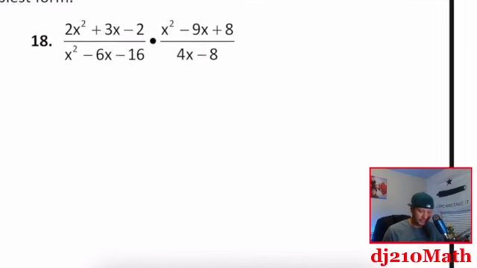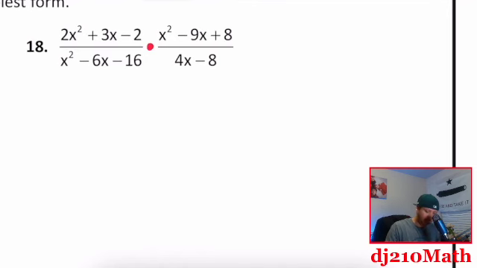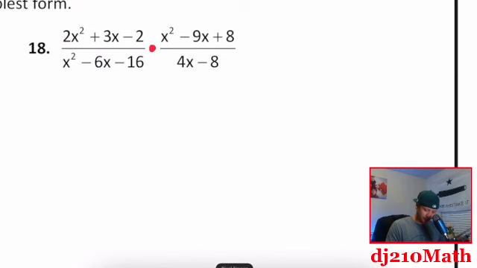All right, 18. Same idea, except it's already multiplication, so we don't need to flip anything. We just got to factor and take out the GCF if needed. Okay, so top left, this is not 1, so we have to slide it over.